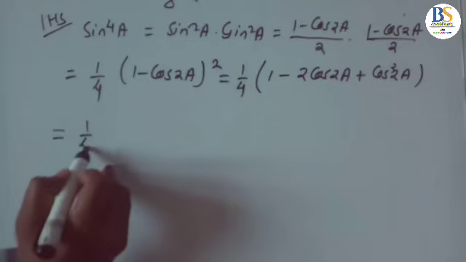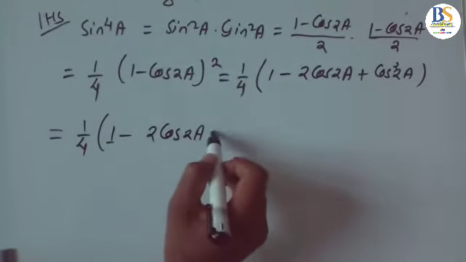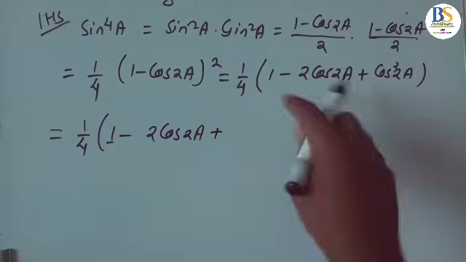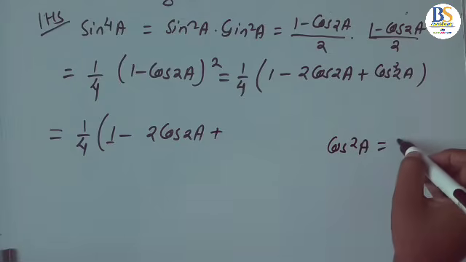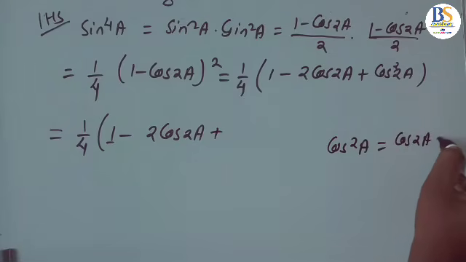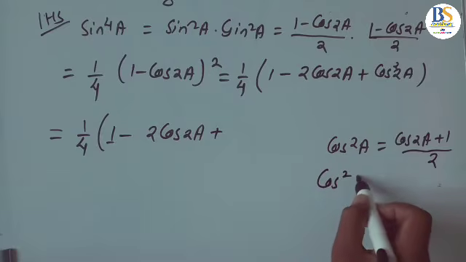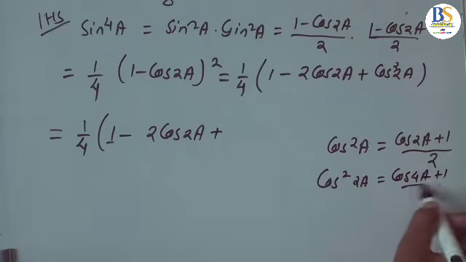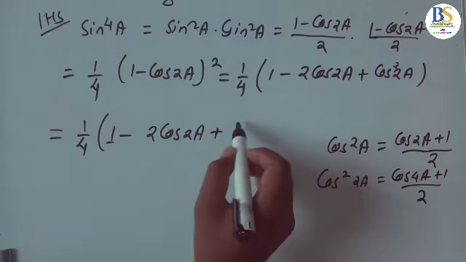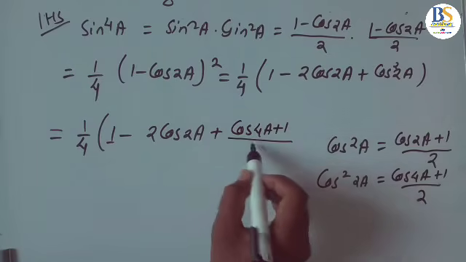Okay, this is equal to 1 upon 4, 1 minus 2 cos 2a. Then express this in the form of cos 4a. Cos square a equals cos 2a plus 1 divided by 2. Then replace a by 2a. Then cos square 2a equals cos 4a plus 1 divided by 2. Then write there cos 4a plus 1 upon 2.